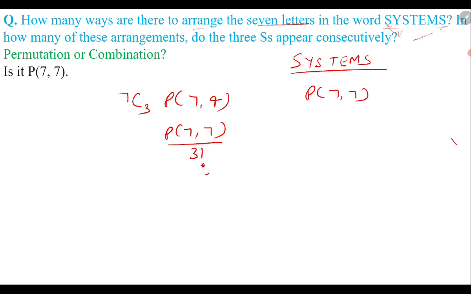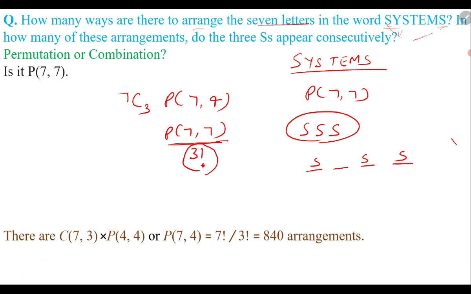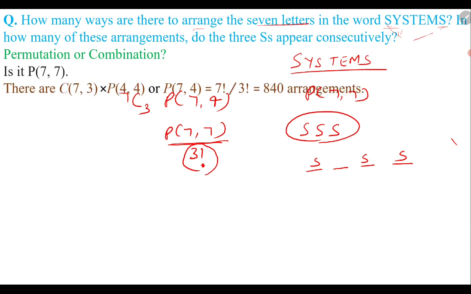Why 3 factorial? Because for these 3 S's, their order has no role. If one S is at first position, the others at third and fourth, then if I interchange their positions, I will get the similar answer. That's why I have to divide the total number of possibilities by 3 factorial.